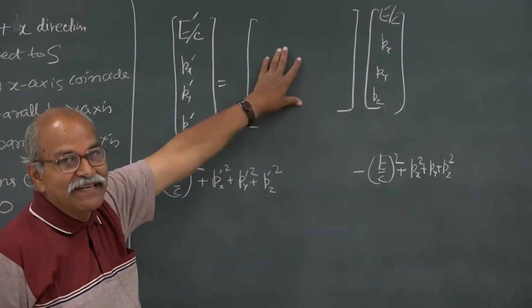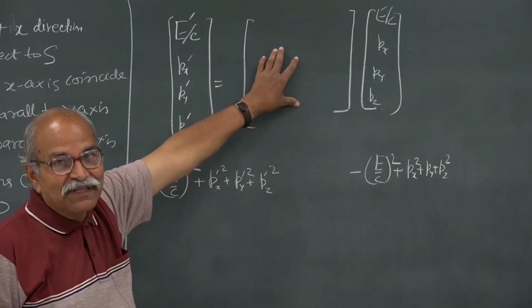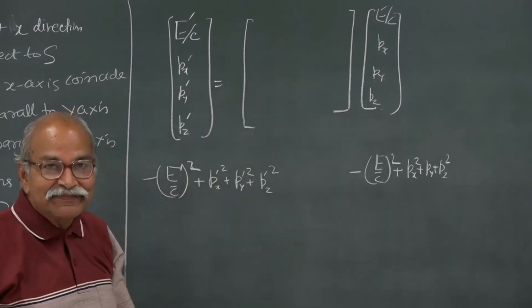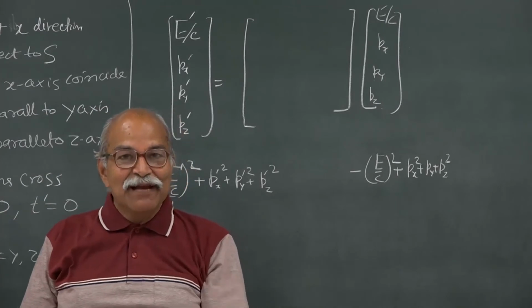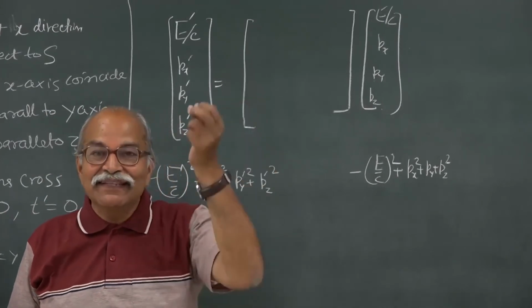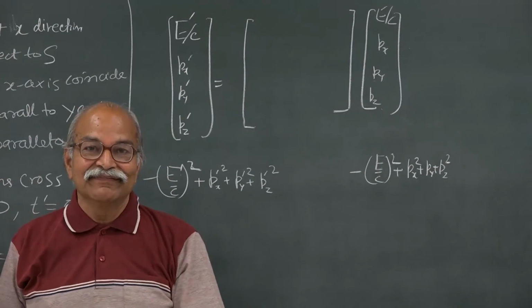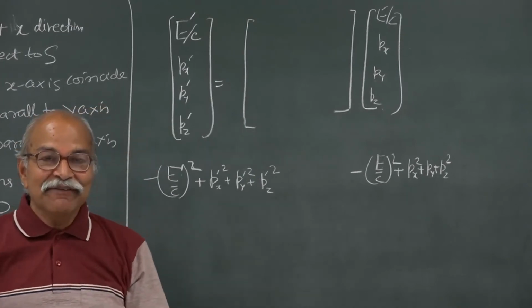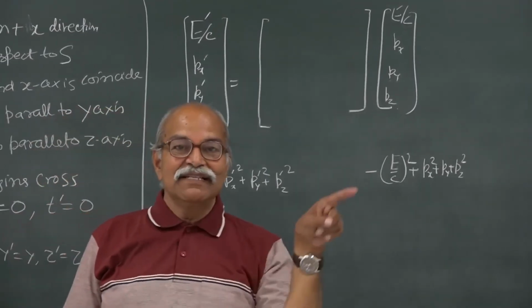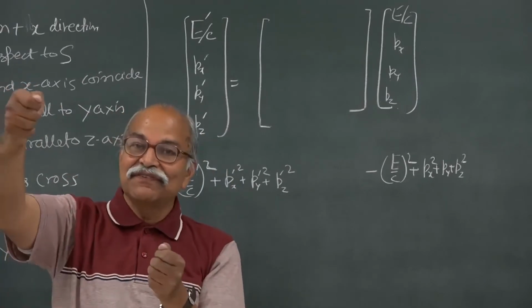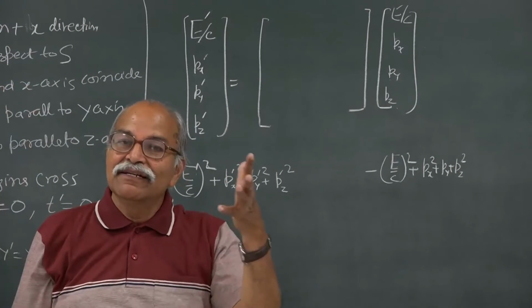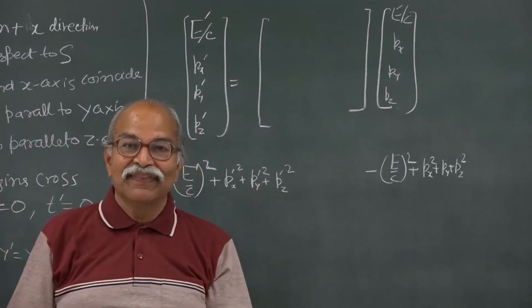whatever this matrix is. After all, it is only changing the frame. So when I am changing the frame, I am not changing the magnitude of a vector. In 3-dimensional geometry, when we have x, y, z axis and there is a vector, the length of the vector will not change if I reorient the frame.